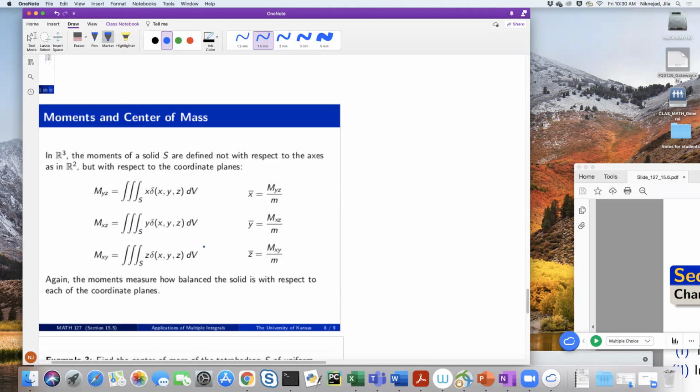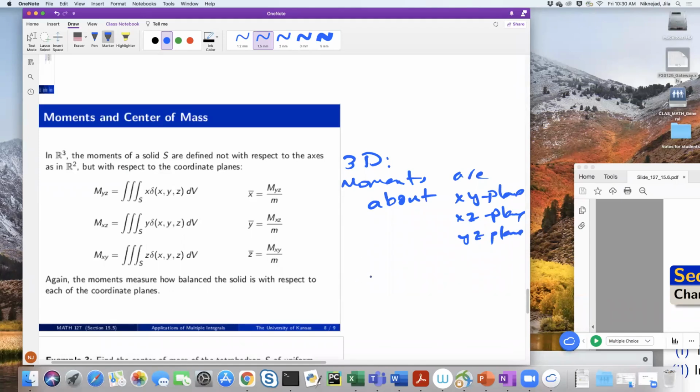The objects are three-dimensional, right? Now, in three dimensions, you will have the moment of inertia about a plane instead of about an axis. So the moments are about the XY plane, the XZ plane, and the YZ plane.